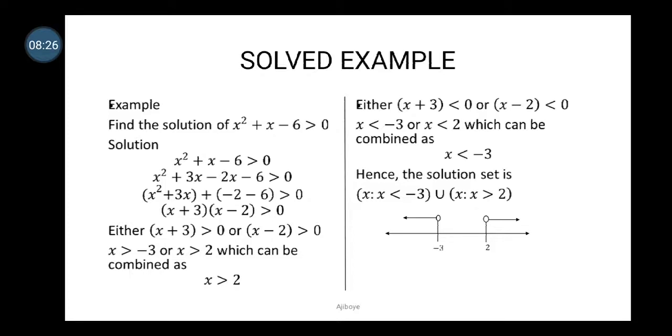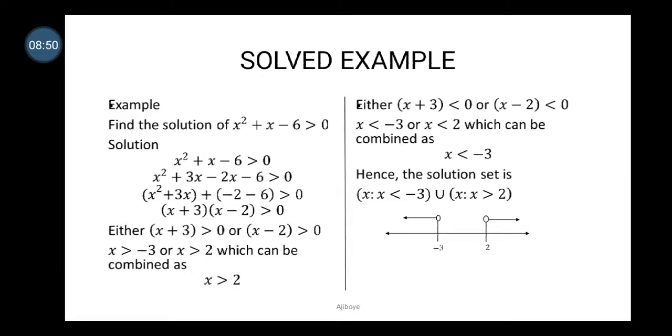On the other hand, if we are multiplying two things and they are giving us a positive answer, the two things we are multiplying could be negative, and that's why we are saying x plus 3 is less than 0 and x minus 2 is less than 0.